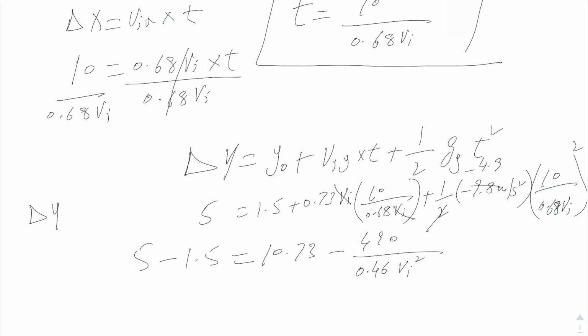So 5 minus 1.5 will be 3.5 equals to, no, we can move this 10.73 to the left side of the equation, and at the right side we will have 490 divided by 0.46 Vi square.